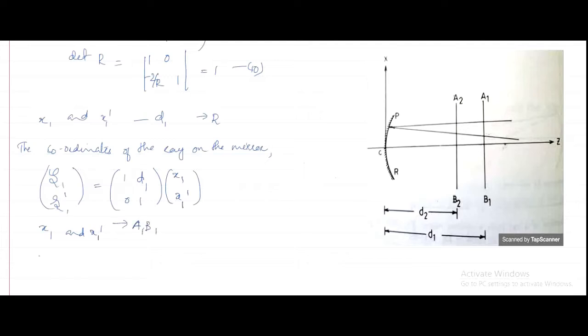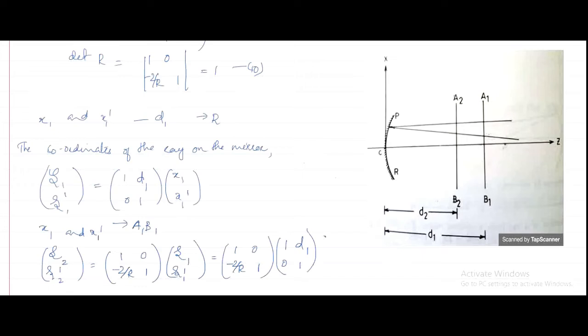The coordinates of the ray just after reflection, that is at P but just after reflection, will be zeta 2 dash equals |1 0; minus 2 by r 1| into zeta 1 dash, which is equal to |1 0; minus 2 by r 1|, and substituting the value of zeta 1 dash, which was written earlier, that is |1 d1; 0 1| x1, x1 dash.